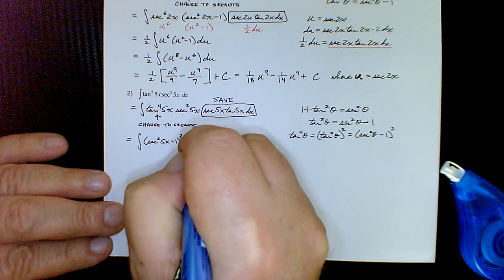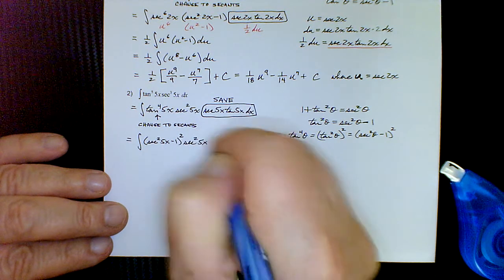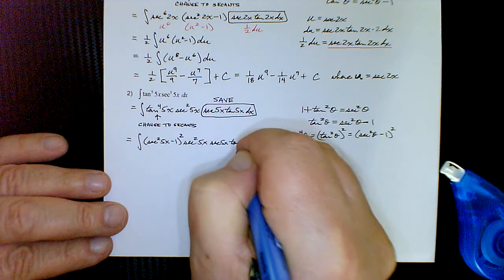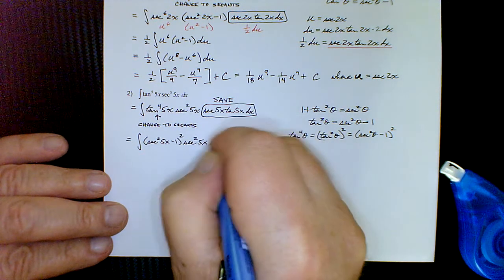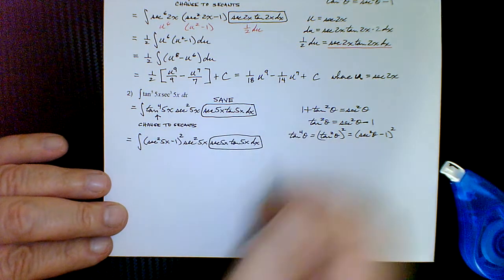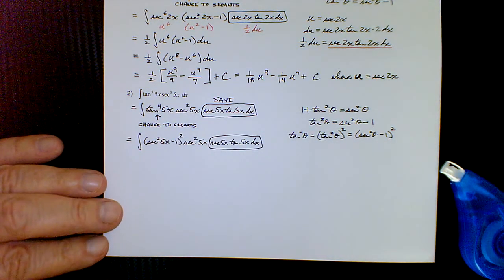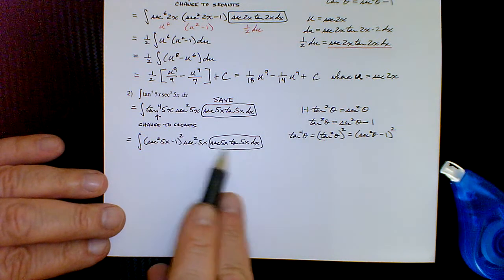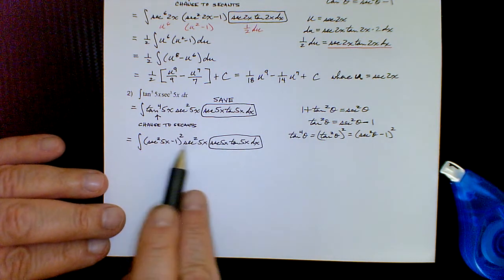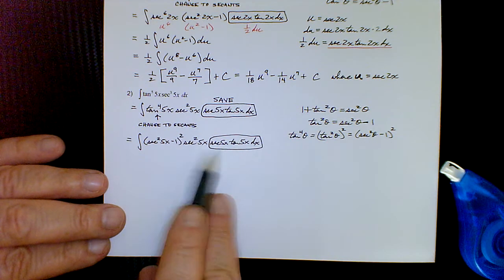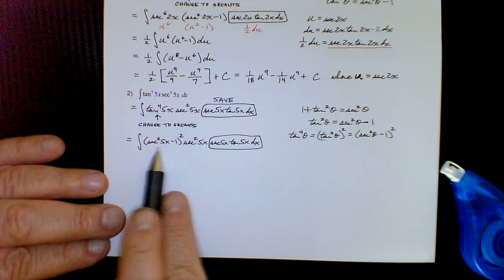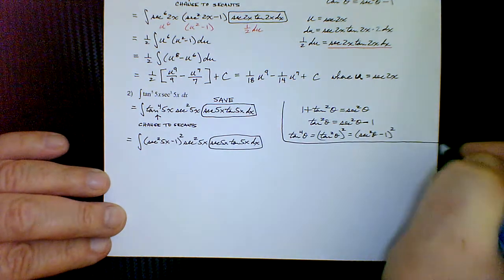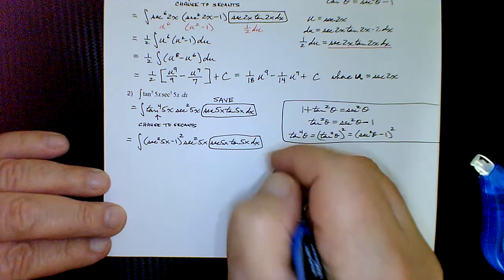And then we'll recopy the secant squared 5x and the secant 5x tangent 5x dx that we're saving for the du. And now we're ready for the u substitution, because we forced the du to exist in the form of secant tangent. We changed everything else to be in terms of the u that produces that du, in particular secant. So I'll isolate this off to the side, so you know that was our side work.